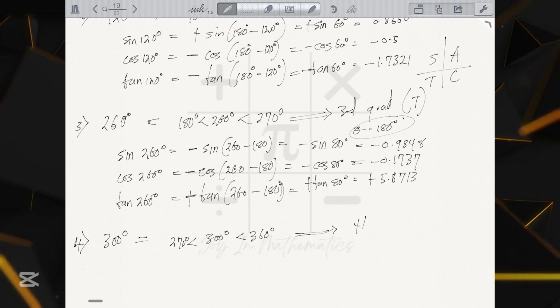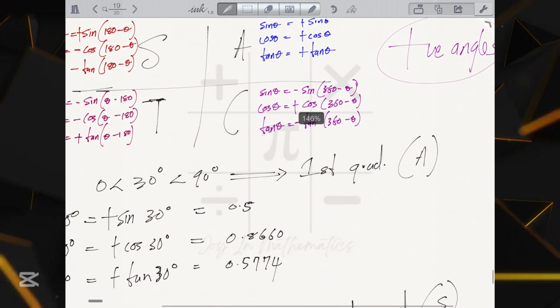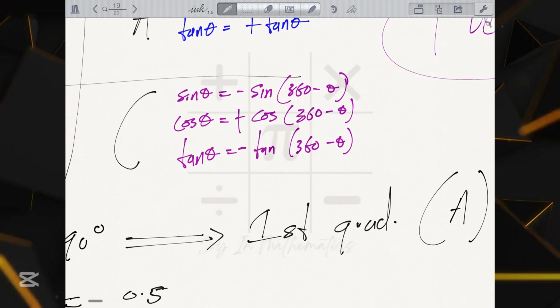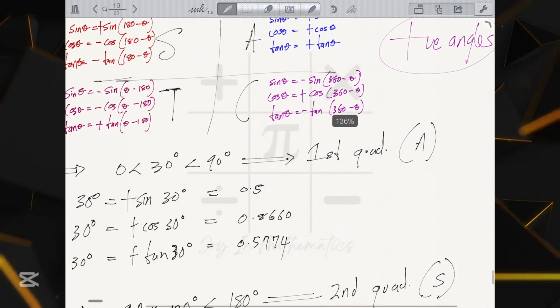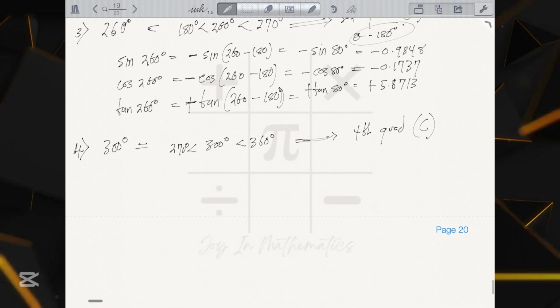And in the fourth quadrant only cosine is positive. Now the question is, what is the acute angle formula for the fourth quadrant? Let's make a reference to this. We have 360 minus theta.